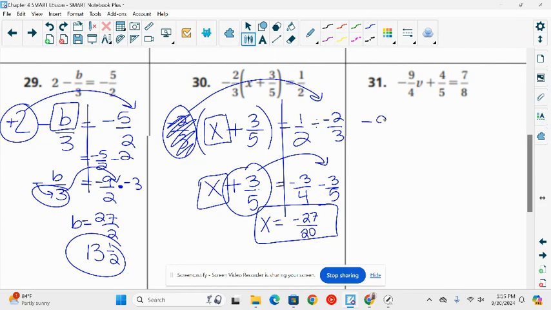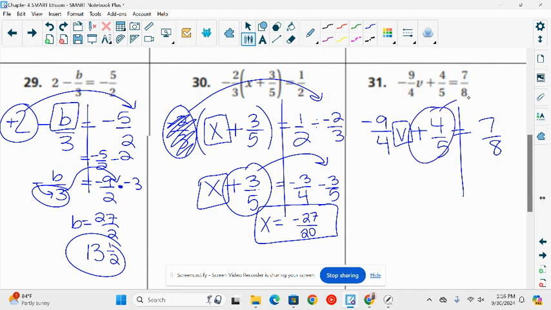Alright, number 31. I had negative 9/4 b plus 4/5 equals 7/8. What am I moving first? The 4/5. Using what operation? So when I have 7/8, take away 4/5, what's the difference? It's negative 3/40.